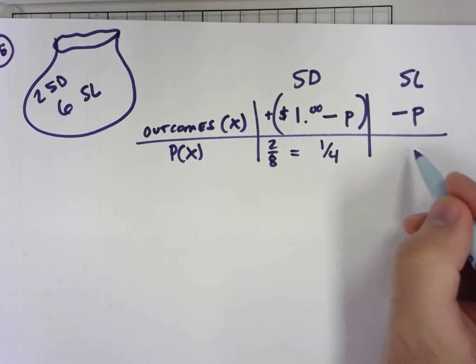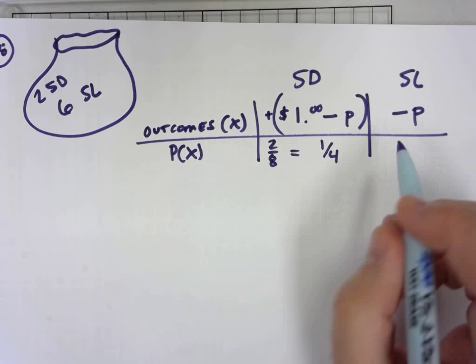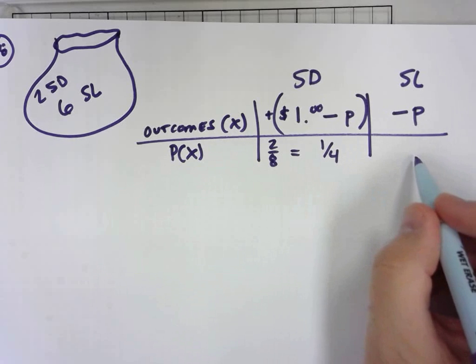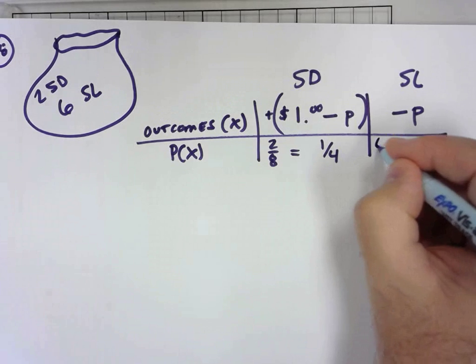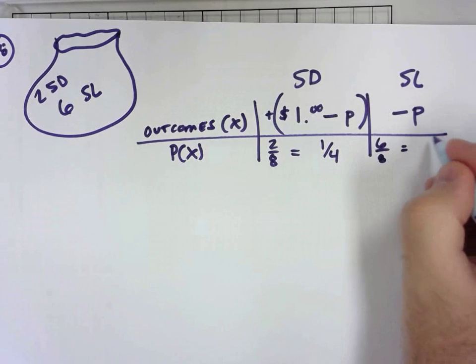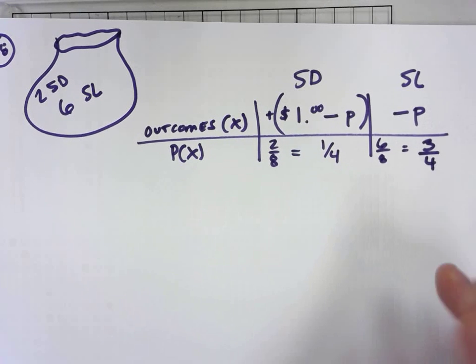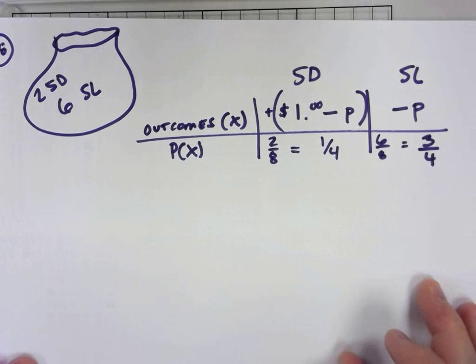So what's the probability of drawing a slug? If this one's 1/4, what's 1 minus 1/4? Or I could do 6 over 8. Yeah, it's going to be 3/4.